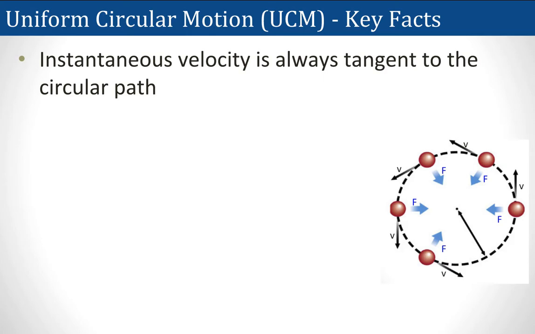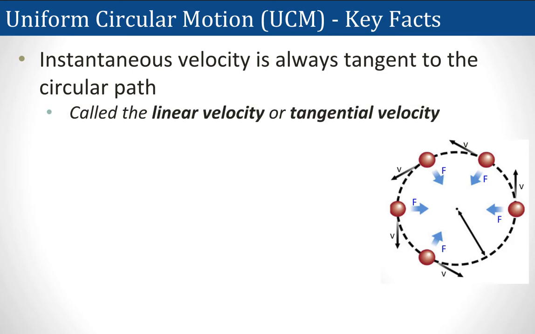And it's always going to be tangent to the path, which means if you have a situation where suddenly the force disappears, the object will move in a straight line, and it'll move in a direction that is tangent to the circle at that particular moment. We'll call that instantaneous velocity either a linear velocity or sometimes a tangential velocity to help us remember that it actually is directed tangent to the circle.